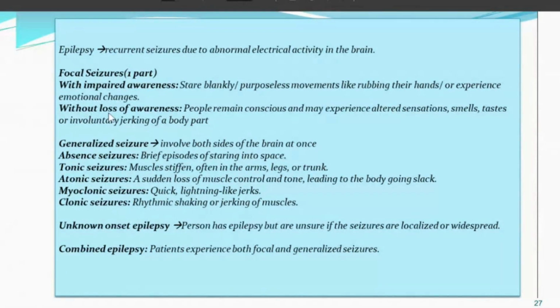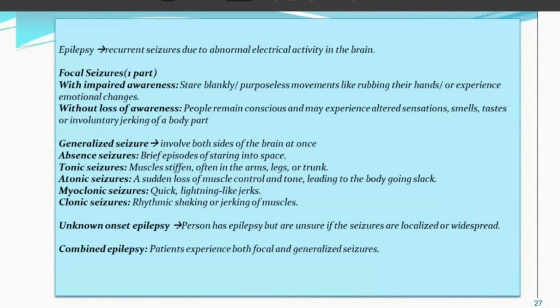And that can also happen without loss of awareness. Here, the person remains conscious. Just there are some smells or tastes or some activities go off, and they can also start jerking some body part, maybe hand, leg, or complete body, but mostly whichever part has got impaired in the focal seizure, that part only will get impaired.